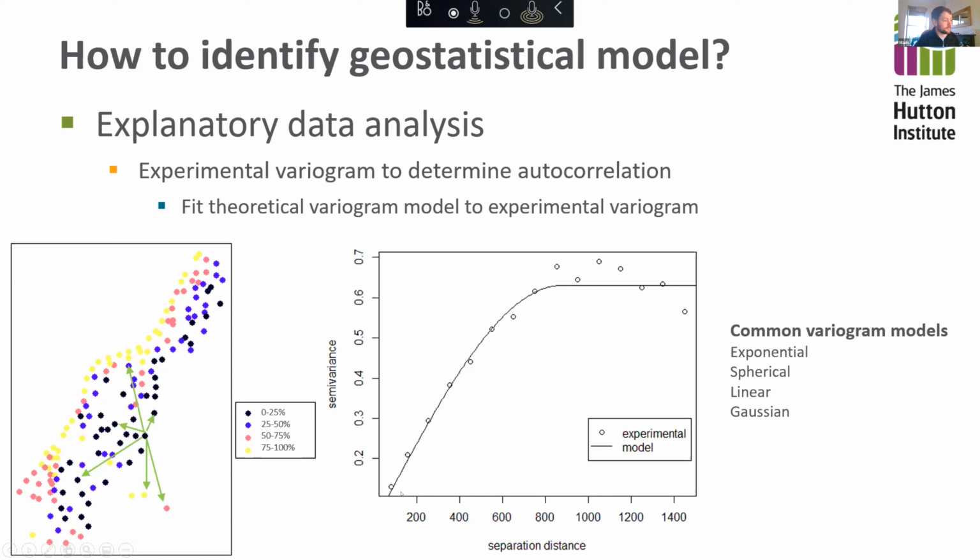Then you do the same for the interval from 100 to 200 meters, and from 200 to 300 and so on. This is a nice example. We can see that the experimental variogram displays this autocorrelation structure very nicely. You then have to fit a theoretical variogram model, and there are a number of different models that you can use to capture this behavior from your data, because that's the model you need to use in your kriging estimation.